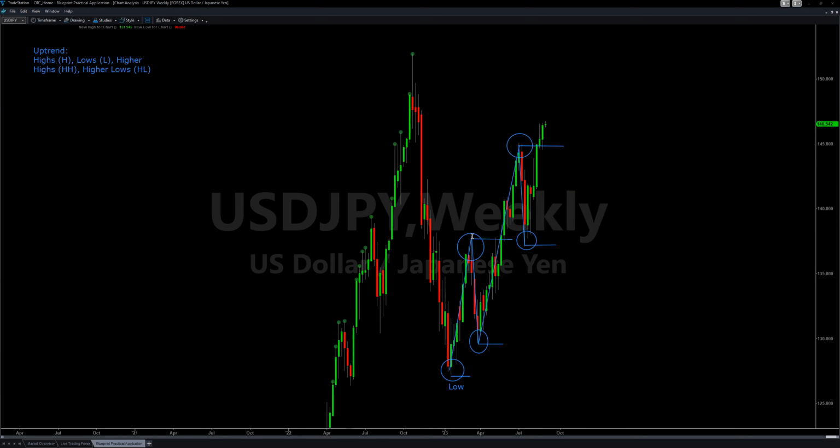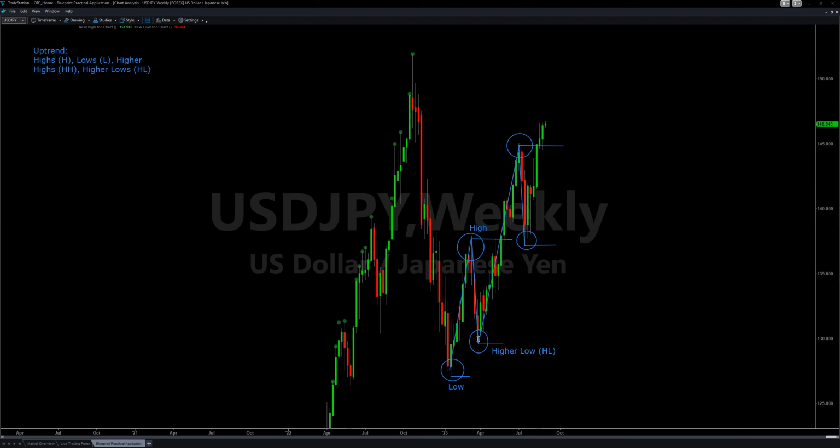This point here is definitely higher than this low, right? That means it is a high. And we follow the line, boom. That's another point. What is it? This point is definitely a low, right? It's lower than this high, but higher than the previous low. That means it is a higher low, HL.